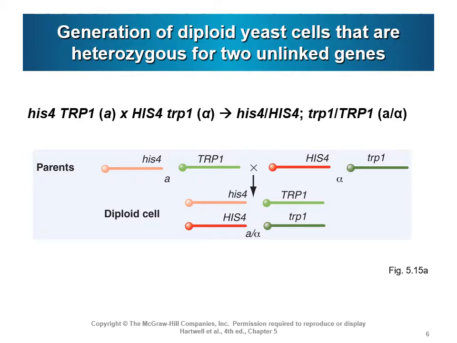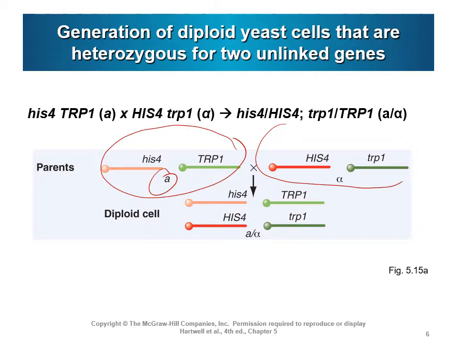Let's look at this schematic example, where we have two haploid cells, A and alpha. Each one of them contains one recessive mutation and one dominant mutation. For A, histidine 4 is recessive and tryptophan 1 is dominant, and for alpha, histidine 4 is dominant and tryptophan 1 is recessive.